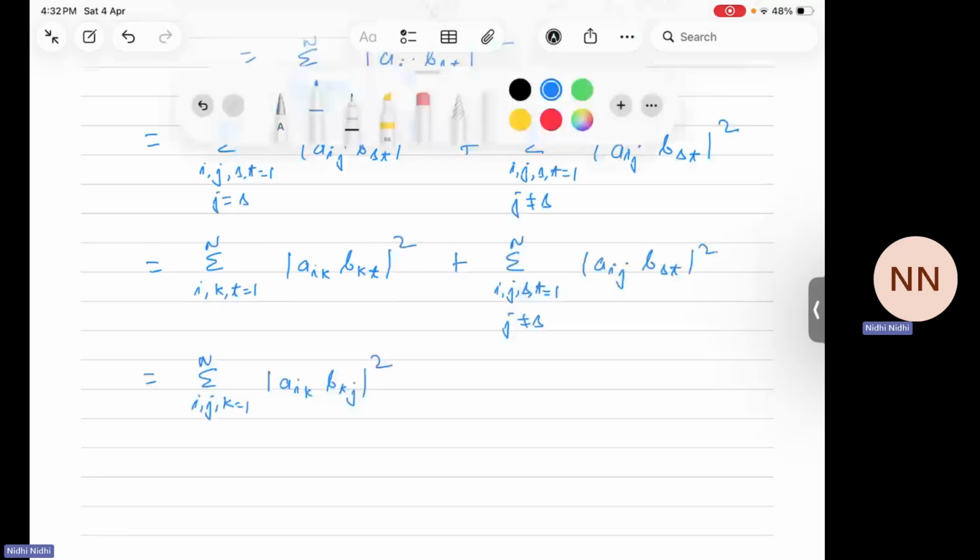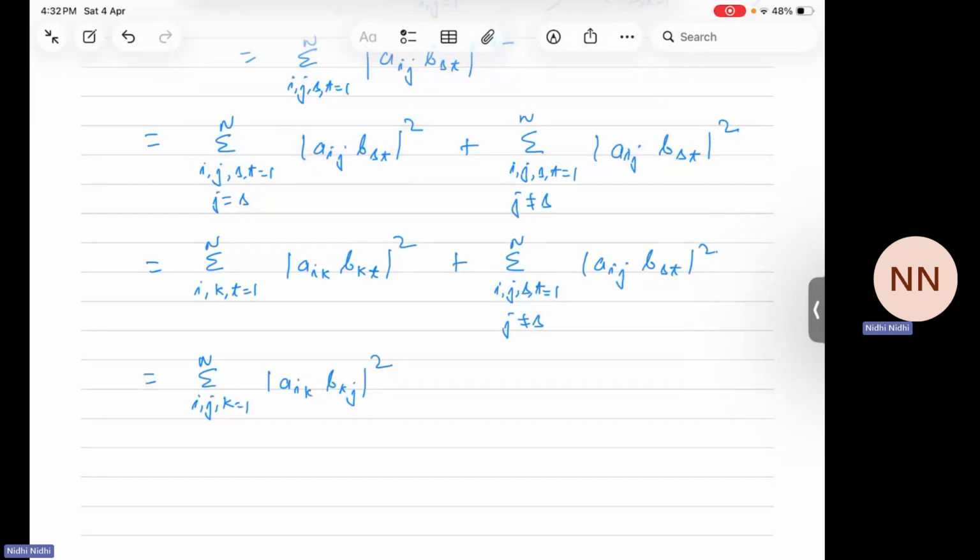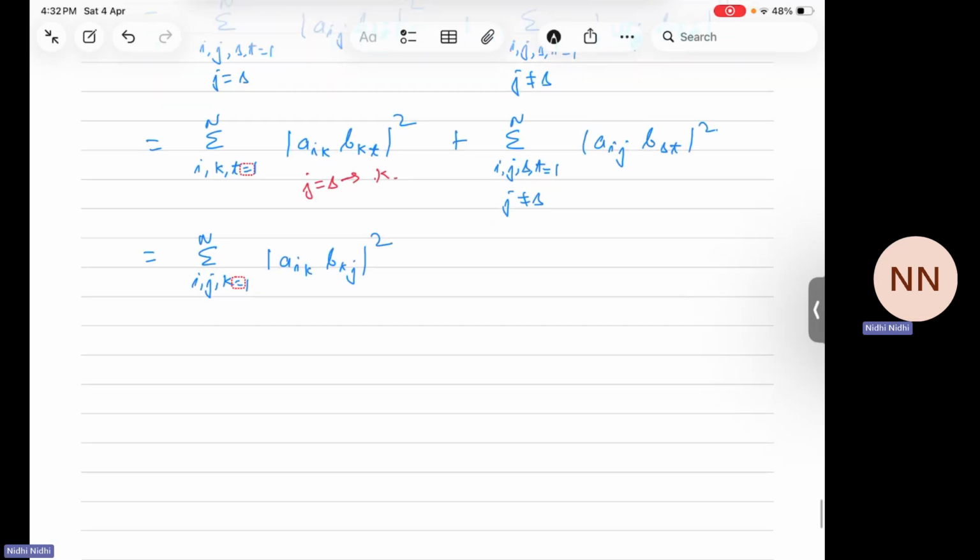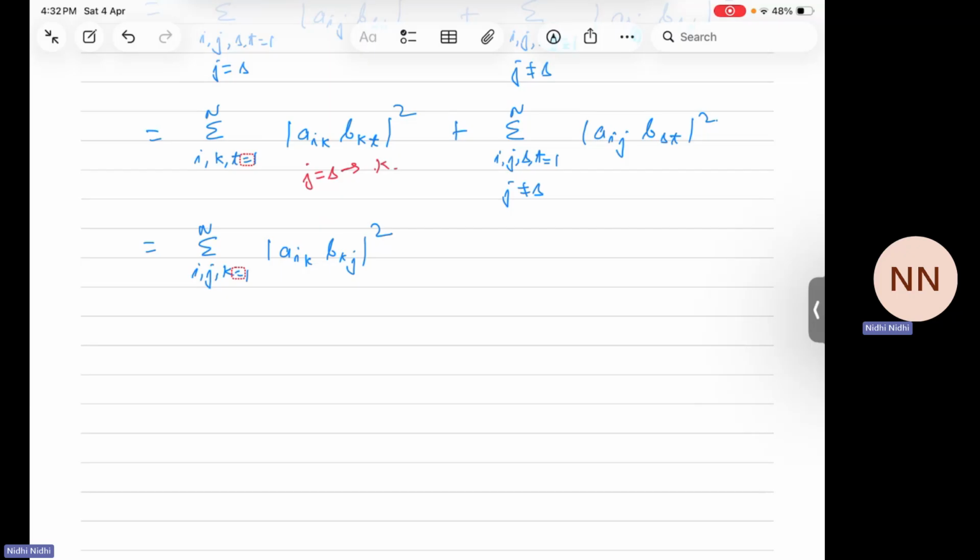Here we have taken s to be k, and here I have taken this t to be j, just the notational change.